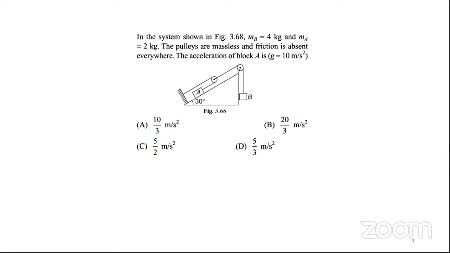Next question. In the system shown in the figure, mass of B is 4 kg and mass of A is 2 kg. The pulleys are massless and friction is absent everywhere. The acceleration of block A is.